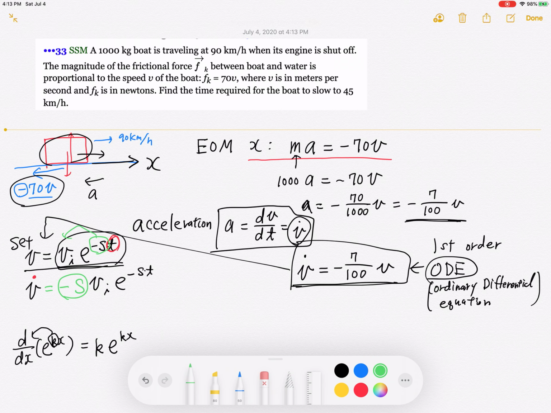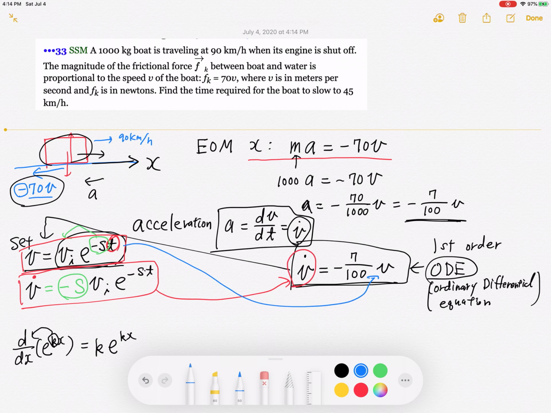Now let's plug this original function and its derivative back into the equation here and here, right? And see what happens.